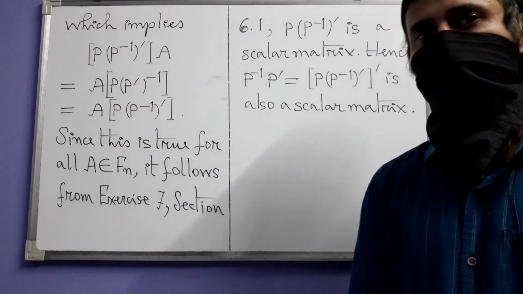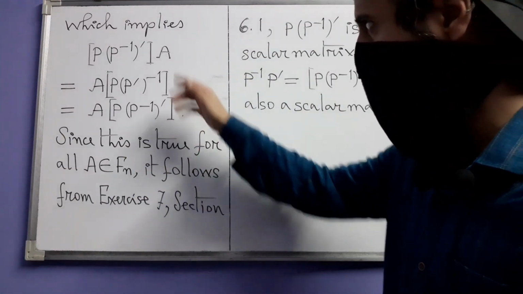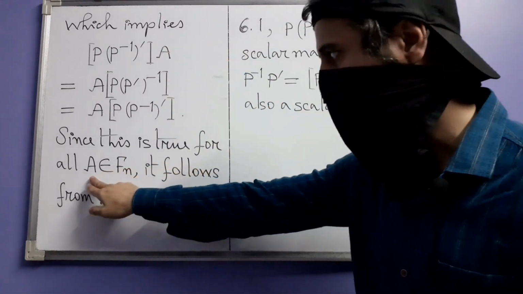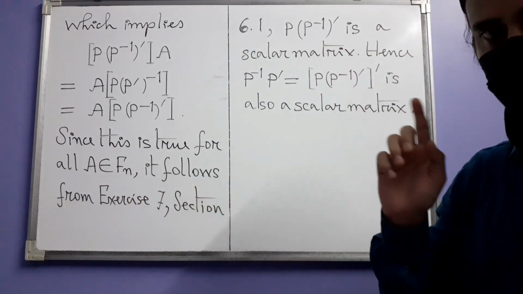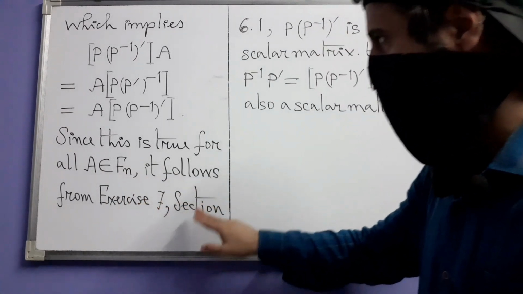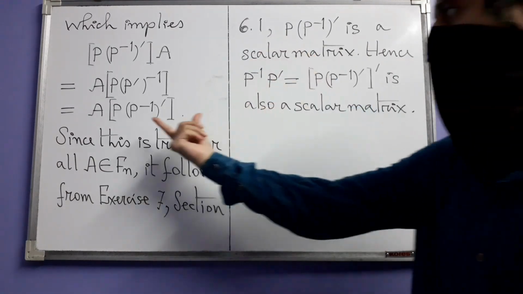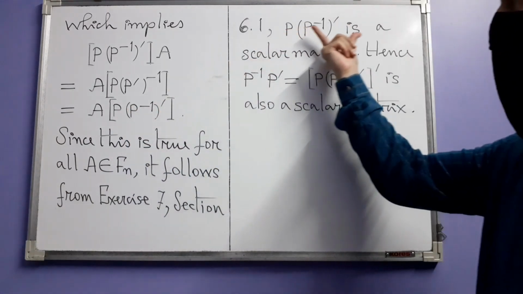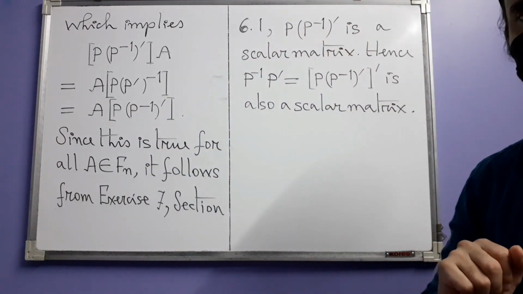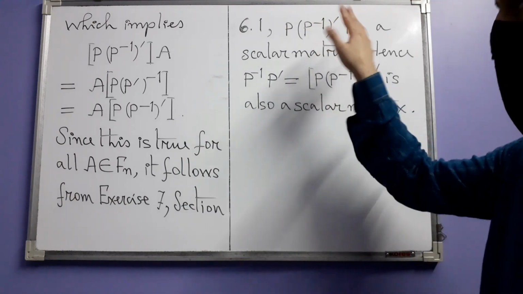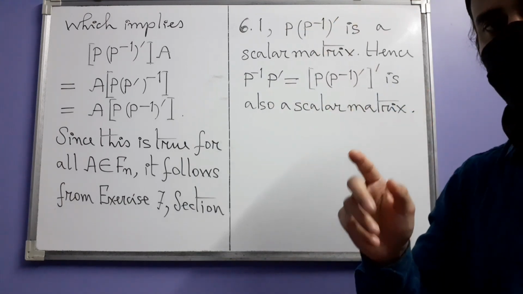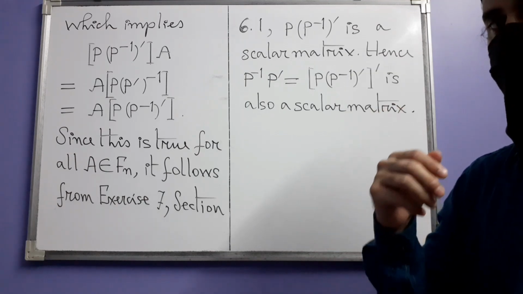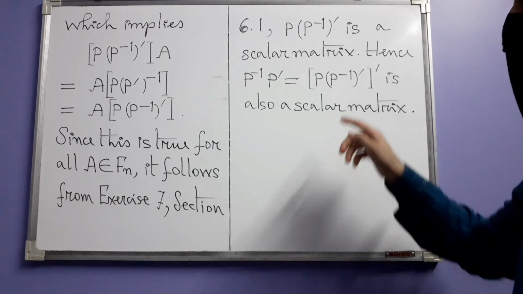So next we write just that. Since this thing is true for all A in Fn, it follows from the exercise that I was talking about, Exercise 7 of section 6.1, that P times P inverse transpose is a scalar matrix. But then its own transpose is also a scalar matrix, because when you take a scalar matrix and you take its transpose, you again get a scalar matrix.